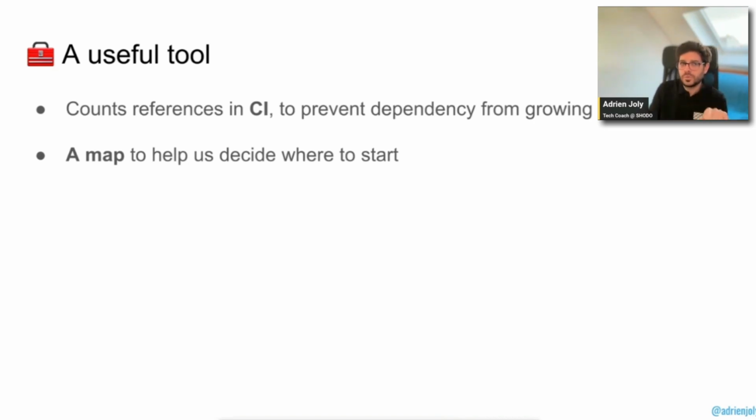But it was also useful because it helped us create a map of where we should start from by counting the depth of each branch from that tree of references.